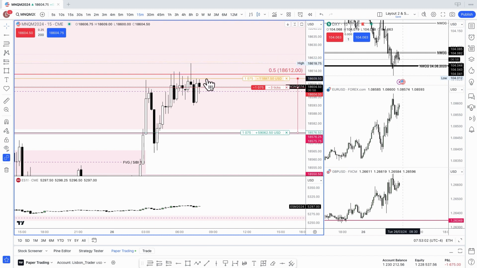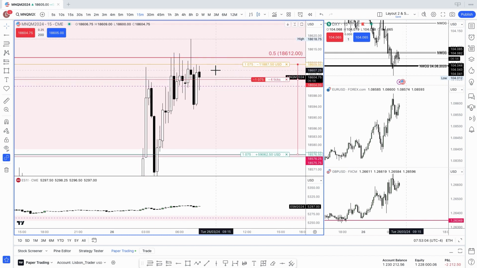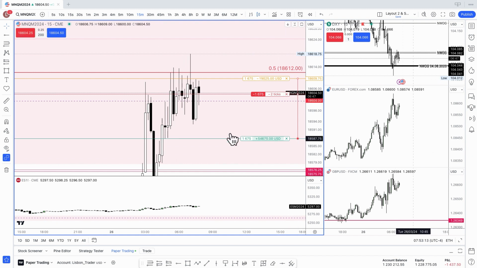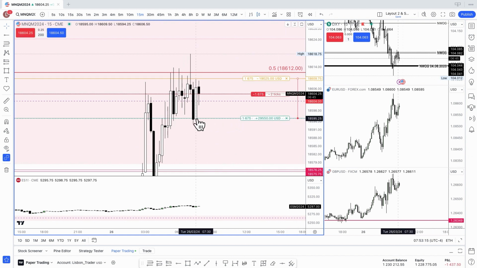So I'll be exiting the trade there in case I'm wrong, and it's putting some steam, and we'll exit the trade around this level.